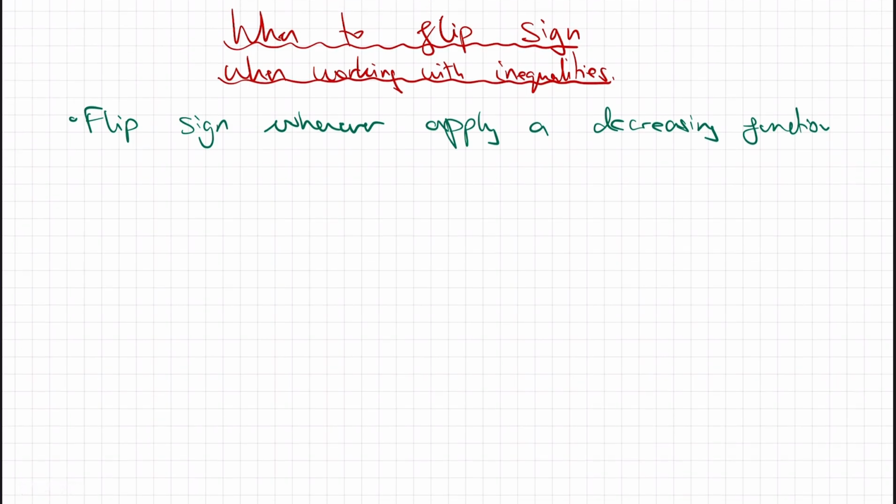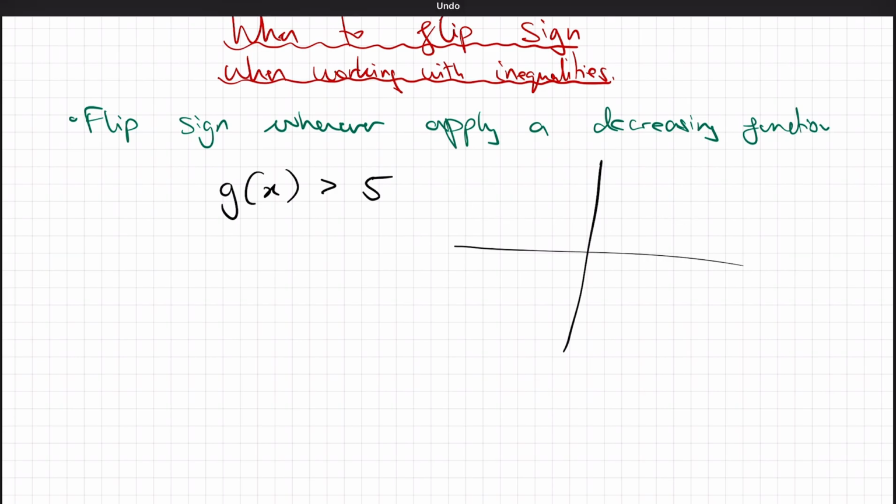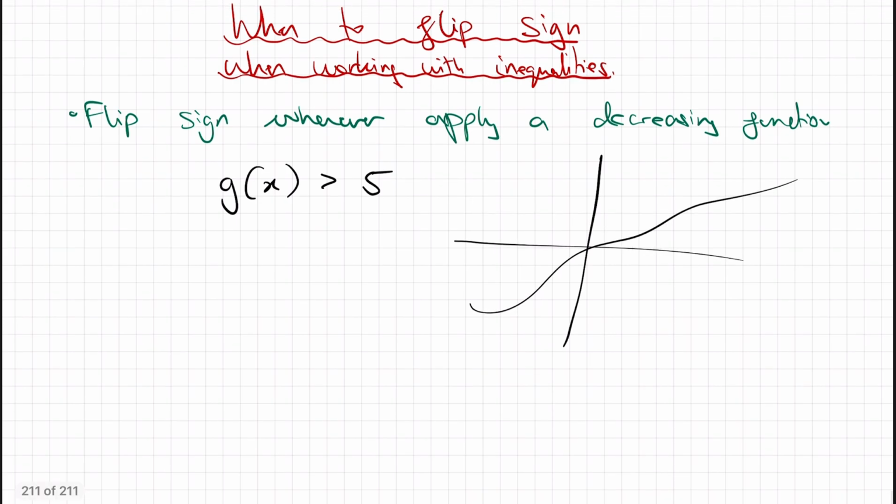Let's just say we have some random function g of x, and we want to see when this is greater than 5. So we can do this geometrically. I'll make g of x some kind of increasing function like that, and we'll have y equals 5.